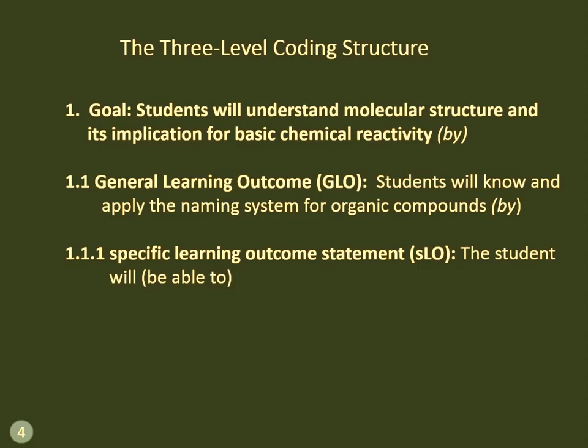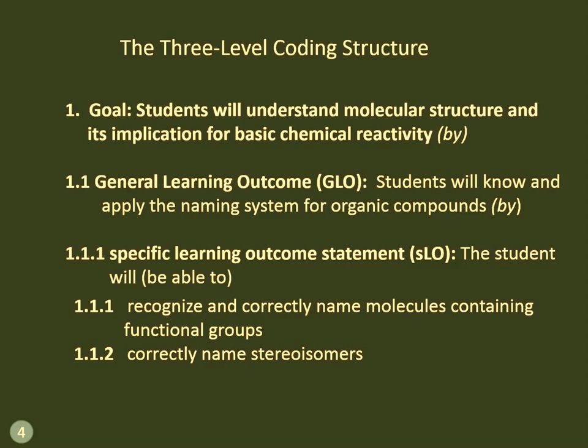But typically, there's a mixture of a broader statement that is not measurable. And then there's sometimes a middle statement. It's not quite so broad, but it's also not quite specific enough for item writing. And then there's a very specific level that's straightforward, easy to understand, leaves no question about what the student is going to encounter in terms of outcomes and assessments.